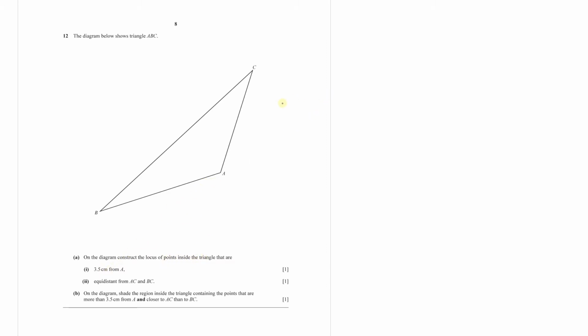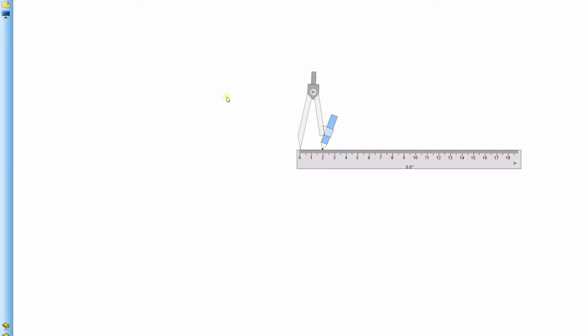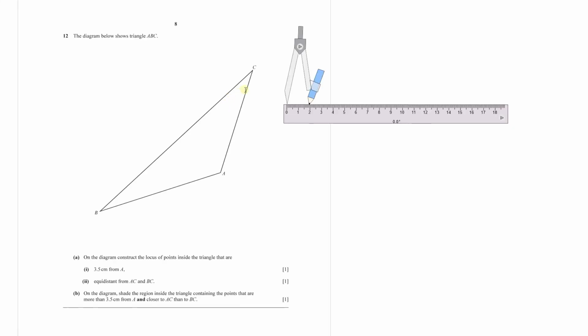So let me quickly bring up my geometric tools here. All right, so I have my compass and the ruler here. We have to draw an arc of radius 3.5 centimeters.